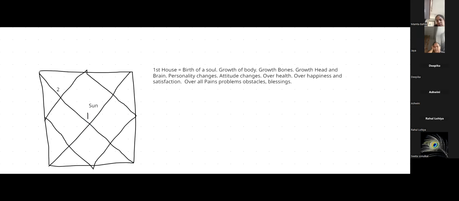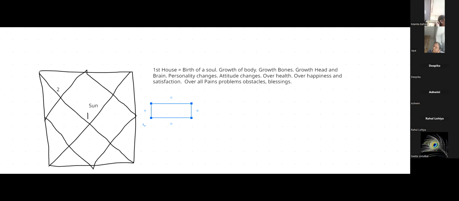Second house. What do you see from the second house? Once the baby is born. See, this is in a story format. I'm trying to explain so that it is easy for you to place which house is responsible for what. At birth time, the soul is born, so it is the first house. Then it has to grow with all kinds of nourishment, right?